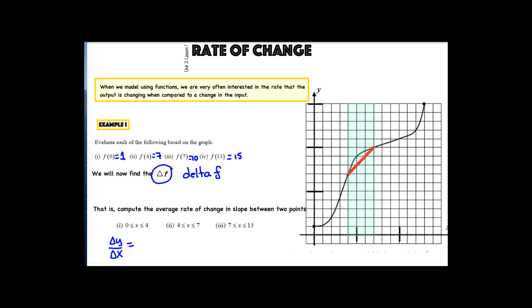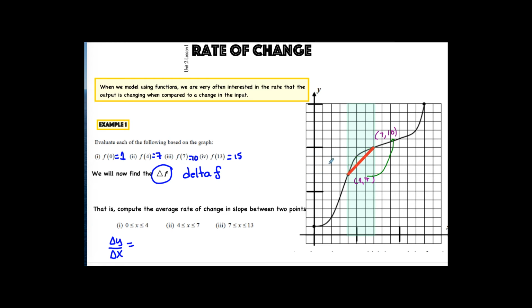So once again, this is the point 4, 7, and this is the point 7, 10. What did my y values do? From 7 to 10, I went up 3, and from 4 to 7, I also went up 3, giving me a slope of 1. Up 1 over 1. It does indeed check out.